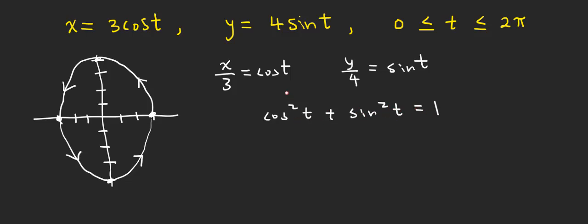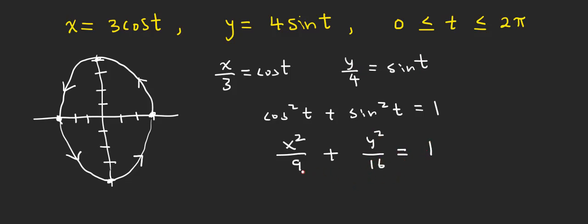So using our substitution, square both sides, you're going to get cosine squared t equals x squared over 9, plus, when you square both sides, sine squared t equals y squared over 16, equals 1.